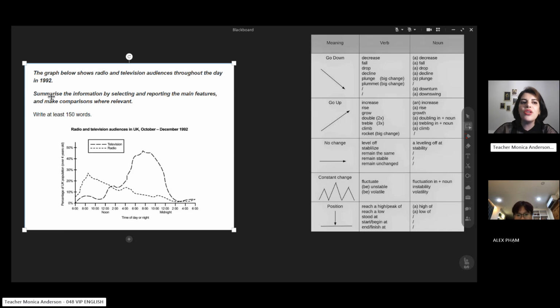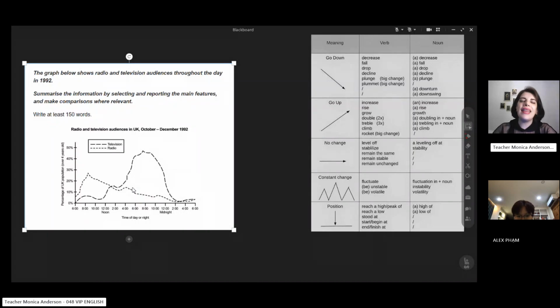And we have the title: what is the graph about, and what does it show? Then the instructions: what do we need to do? We need to summarize the information and write at least 150 words. For Task 1, as you know, we need to write an essay of at least 150 words.